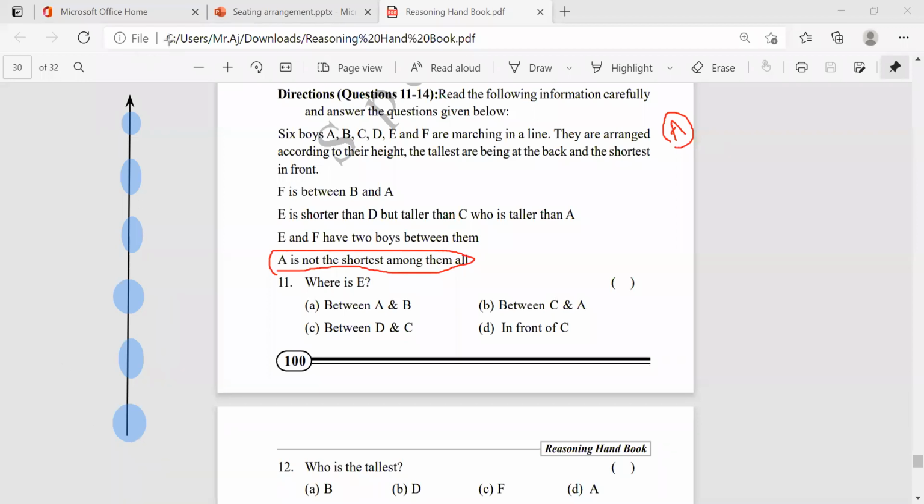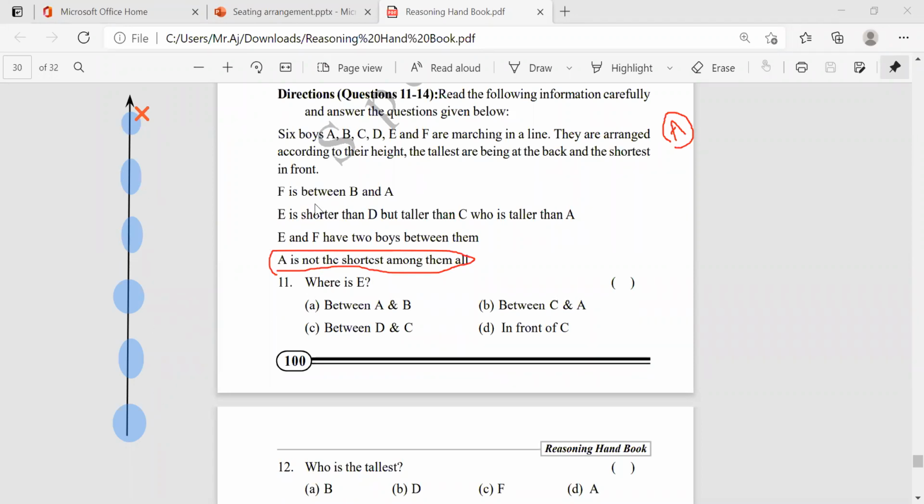And what they said in the last sentence, A is not the shortest among all. So here A is not going to be set. Here A is not going to be possible. Now, on the first one, F is between A and B, but we don't know where A and where B will be. But A cannot be here, but somewhere in these 5 places will be there for A.